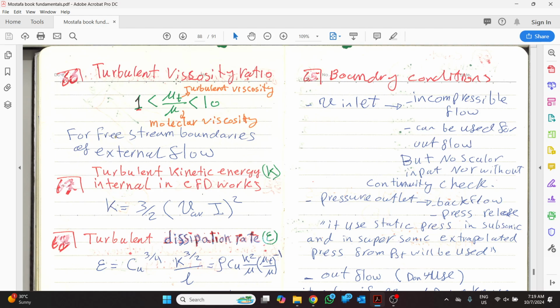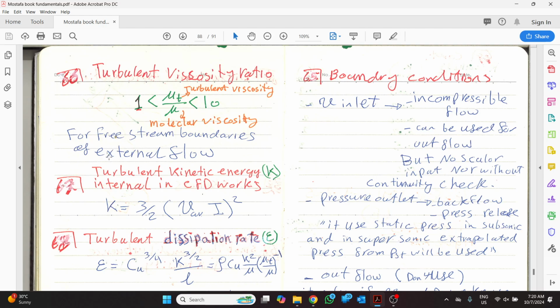Okay. Turbulence viscosity ratio. It is the turbulence viscosity divided by the molecular viscosity, which is the normal viscosity, which we know. Because the viscosity may change due to the turbulence, the ratio should be between 1 and less than 10, and 1 means no turbulence.